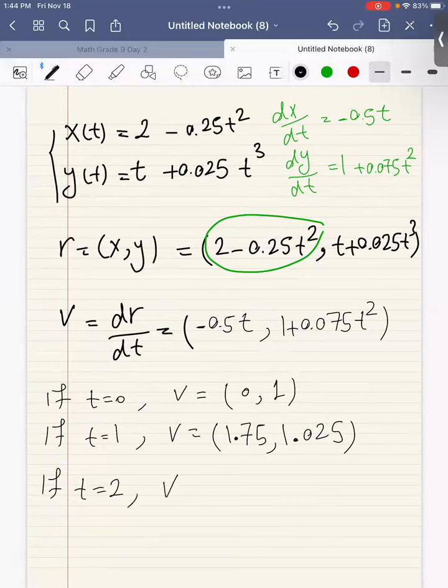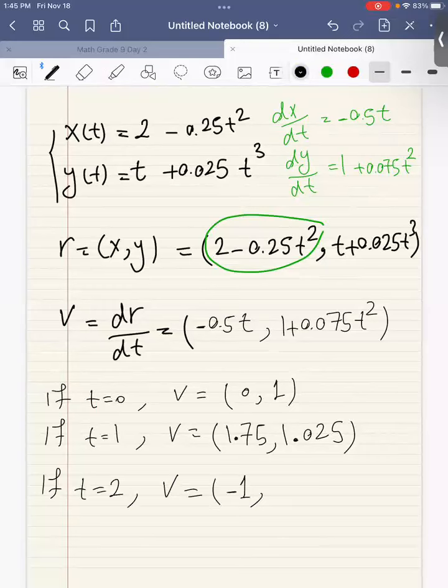And finally, if t is equal to 2, then v would be equal to what? Minus 1 and 4 times 75 is what? Yeah, 300.